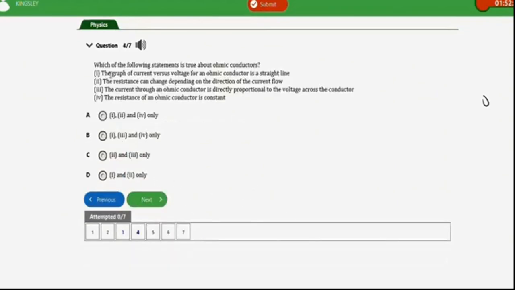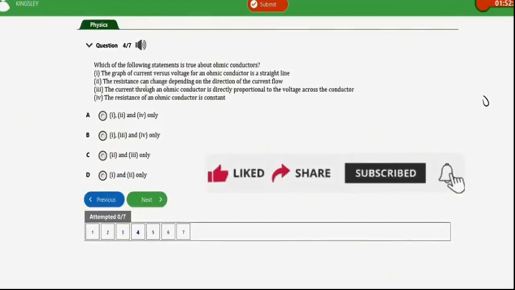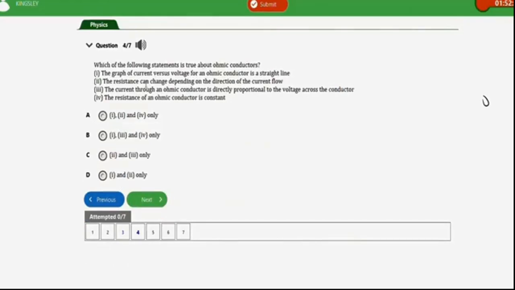Let's go to the next one, which is this one. It says, which of the following statements is true about ohmic conductors? I, the graph of current versus voltage for an ohmic conductor is a straight line. II, the resistance can change depending on the direction of the current flow. III, the current through an ohmic conductor is directly proportional to the voltage across the conductor. IV, the resistance of an ohmic conductor is constant.